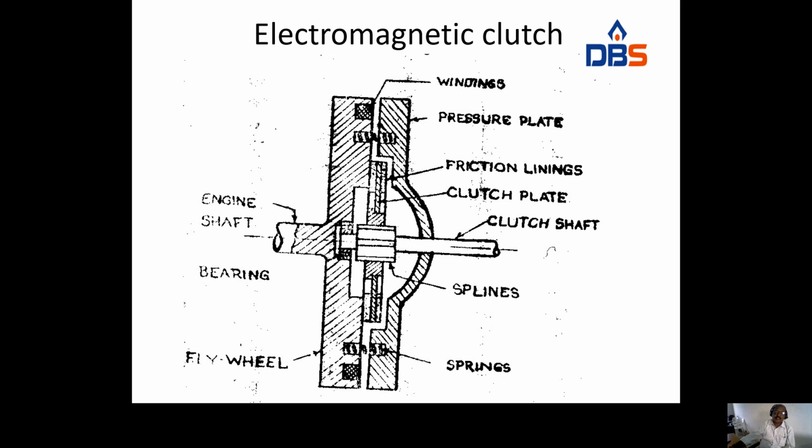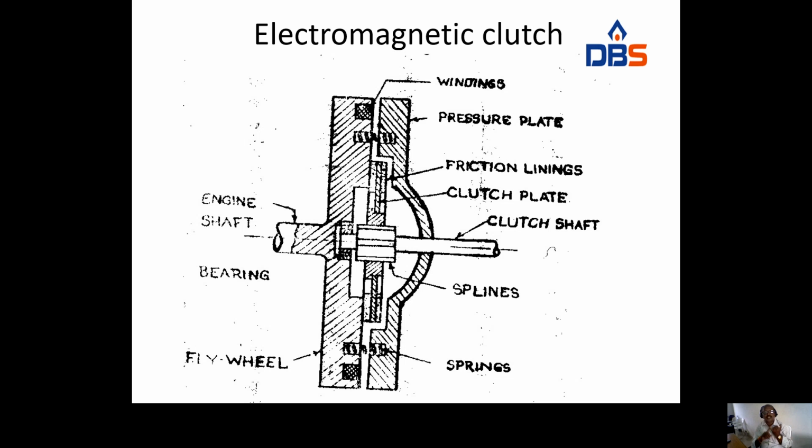It attracts the pressure plate and engagement takes place. If you want to disengage, you cut off the power, and automatically the disengagement takes place. So this is the principle of the electromagnetic clutch. This is very advanced clutch technology.